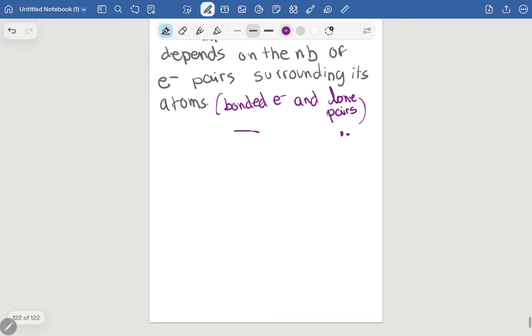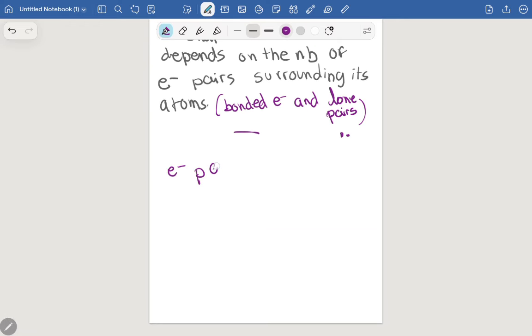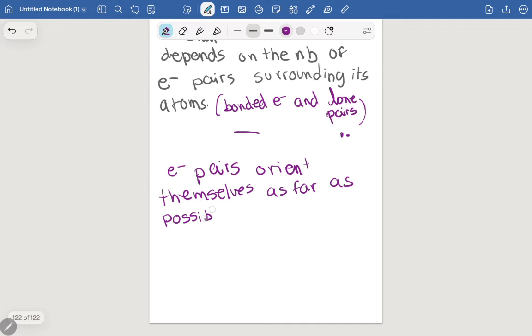Now, what about the electron pairs? Electron pairs orient themselves, like naturally they orient themselves as far as possible to minimize the repulsion between them. Okay, so they orient themselves as far as possible to minimize the repulsion between them.